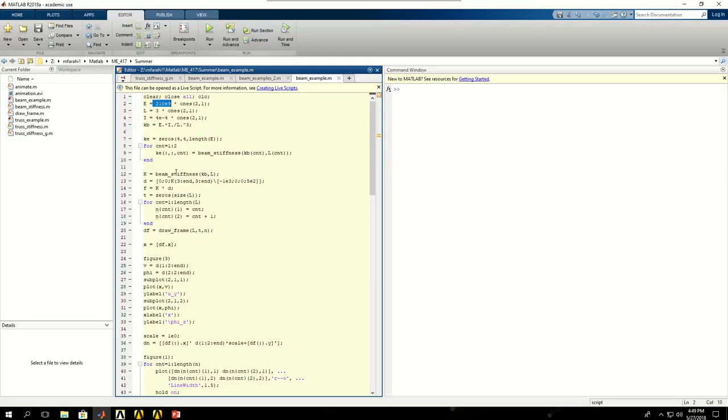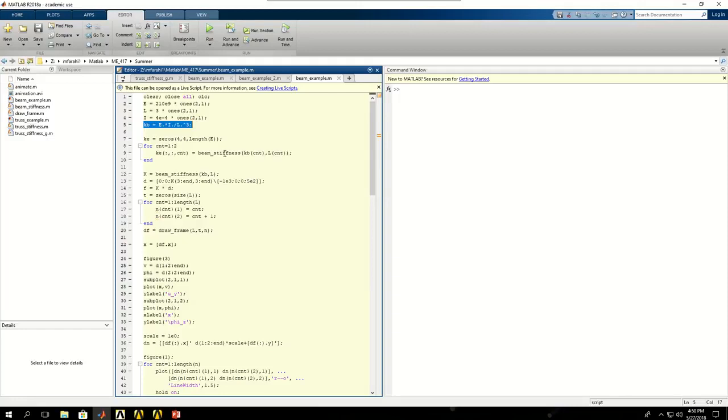This is the Young's modulus for 2 elements. Then I have L, 3 meters for 2 elements. Then I have I, 4 times 10 to the minus 4 meter to the 4 for 2 elements. Then I find EI over L cubed for all the elements from line 5.